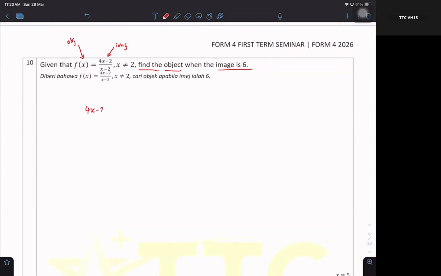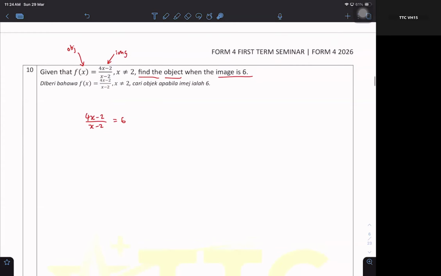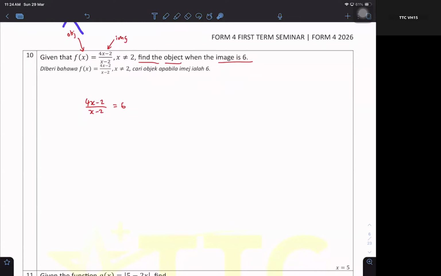So (4x minus 2) over (x minus 2) equals 6. Understand? Then from here you can find out the x, which is the object.